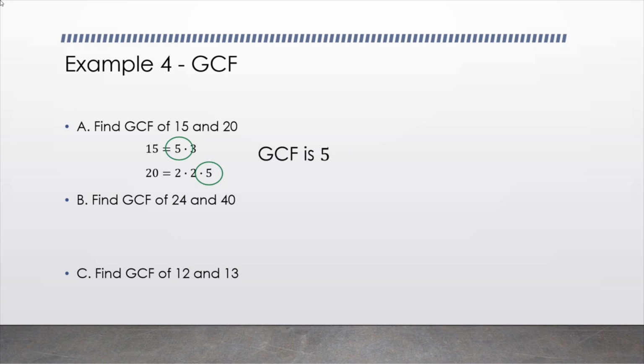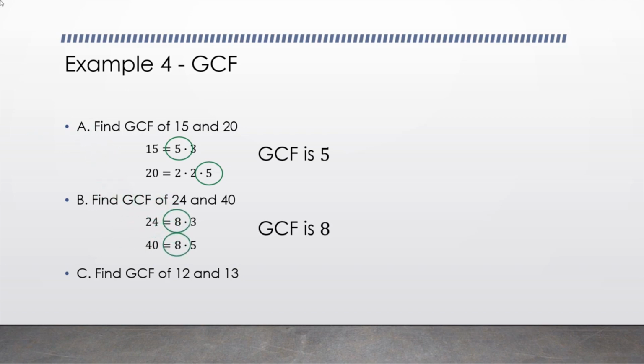Let's do a prime factorization of 24 and 40. Now, here, you don't have to necessarily do a prime factorization. What you can do is find the common factor. If I look at 24 and 40, the largest common factor that goes into both those evenly would be 8. So they both have an 8 in common.